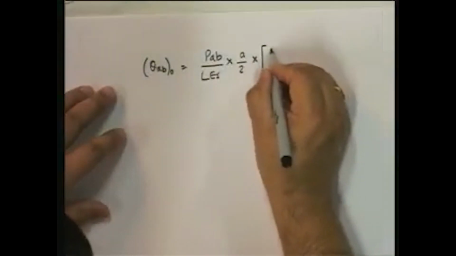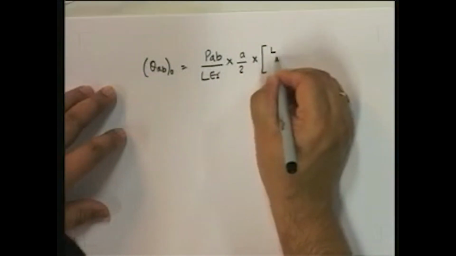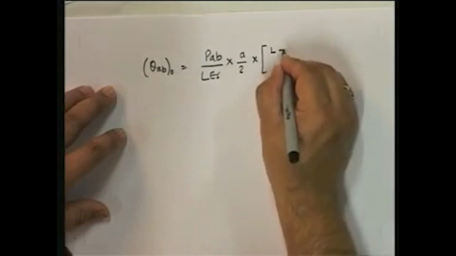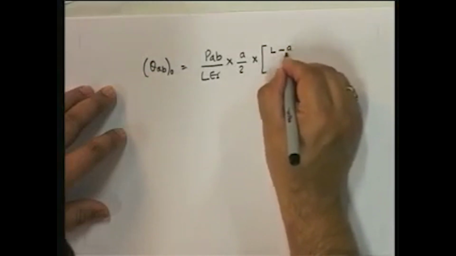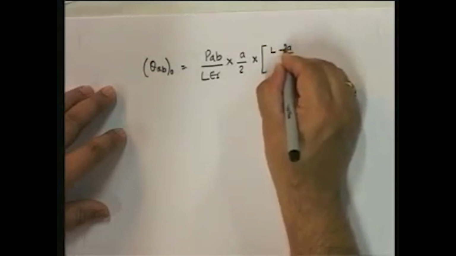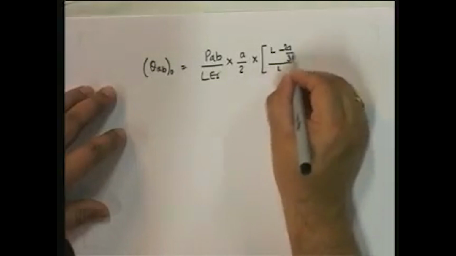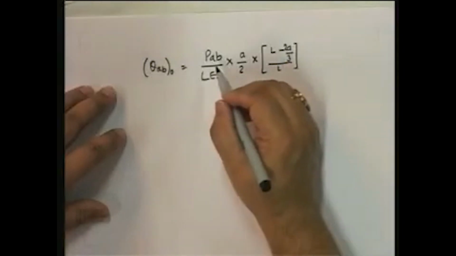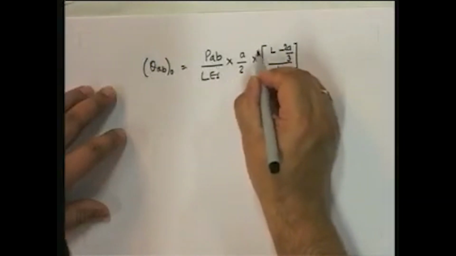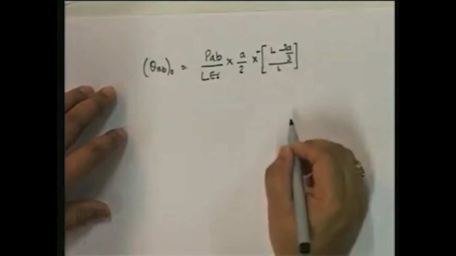So I'm going to put that down. It's going to be equal to L minus 2A by 3, the entire thing divided by L. And note that since this is hogging, this is going to be minus on the outside.